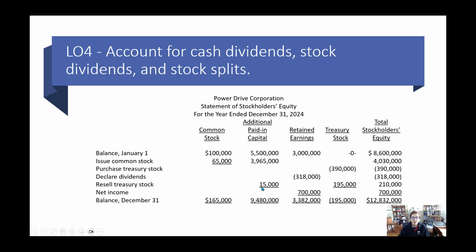They resold the treasury stock, and here we just put everything into additional paid-in capital. The treasury stock is getting reduced, but it looks like a positive number because it's reducing our negative number, right? And then our net income is added to retained earnings. And then these are just all added down, and everything that you put in one of these columns goes across here to the total stockholders' equity column.